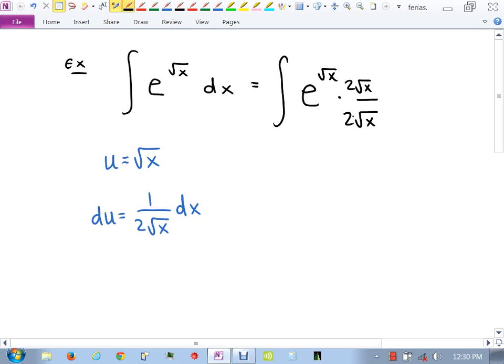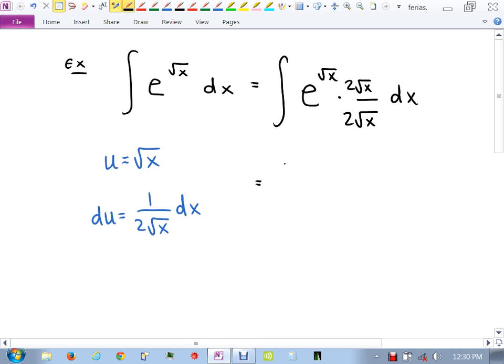Well, let's throw a 2 in there. Now do you see a 1 over 2 root x in there? Do you? Do y'all see that? So I made it appear in the bottom.